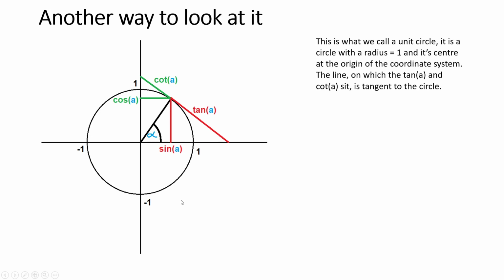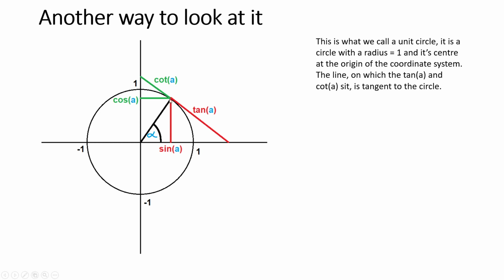The cosine alpha is adjacent by hypotenuse, and here again the hypotenuse is just 1. So cosine alpha is just the adjacent, which is the green line, which you may also easily see.